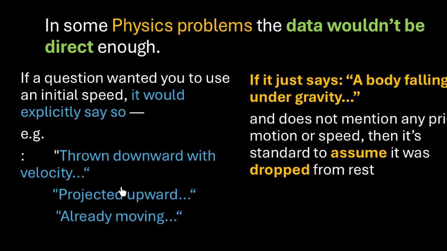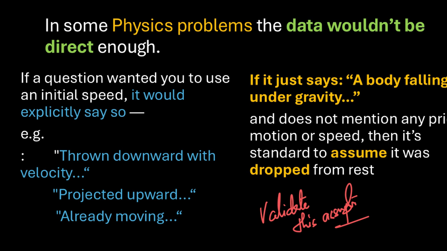Since these kinds of phrases are not mentioned in this question, which instead says a body is falling under gravity and does not mention any motion or speed, therefore we assume that the body is dropped from rest. However, it is important to validate this assumption. We'll come to that part after we discuss all the 4 methods.